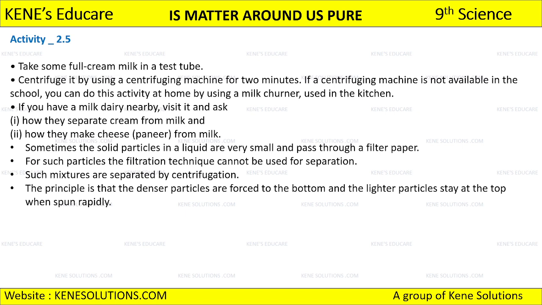Okay, because of which you will see that the denser particles will settle at the bottom, and all the lighter particles will stay at the top. So this is how we can separate the fat from the milk as well. So I just want you all to please go through this activity once.